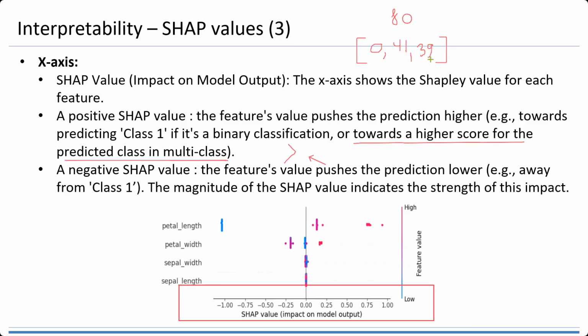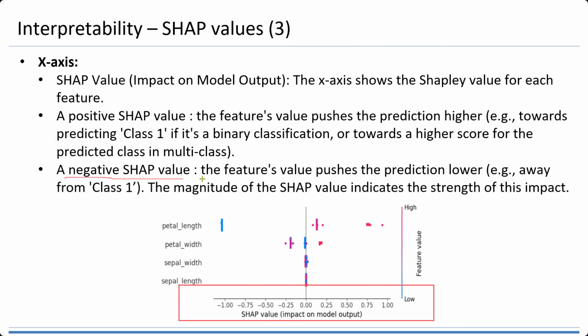Then we know that this is the higher score from the prediction. Then we call this more toward predicting Virginica because this is the higher score. In this case, we are not sure what the class is because it is multiclass.